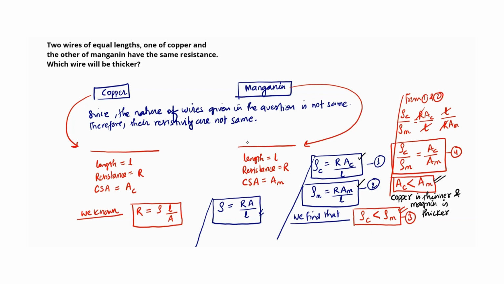So what we find, manganin is thicker in comparison to copper. So this is thin and this is thicker. So we have this.